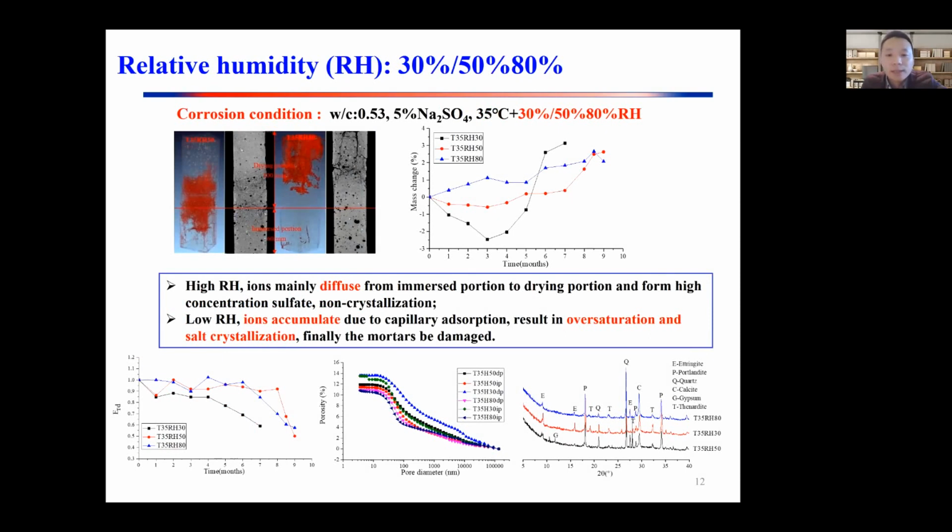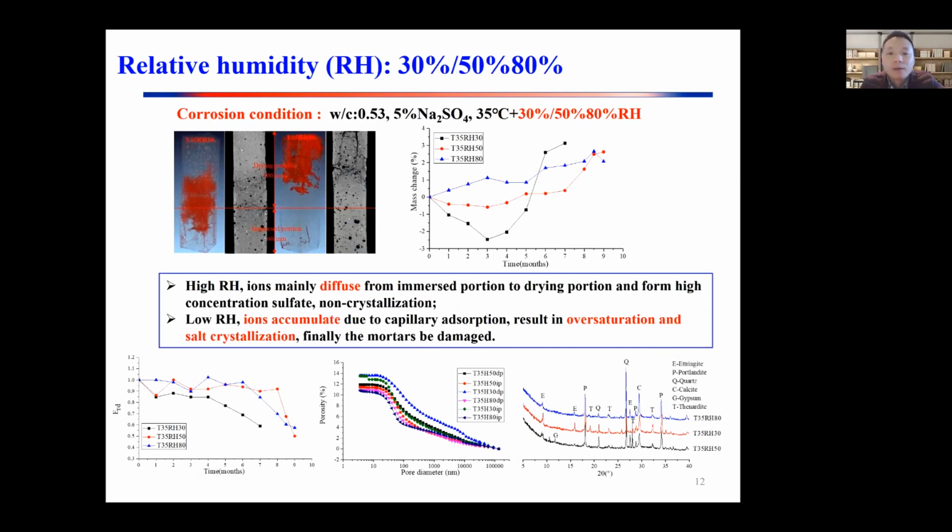We also studied the effect of RH on the corrosion of cement mortars. The results show that at high RH, ions mainly diffuse from the immersed portion to the draining portion and form high concentration sulfate, but the salt can't crystallize.